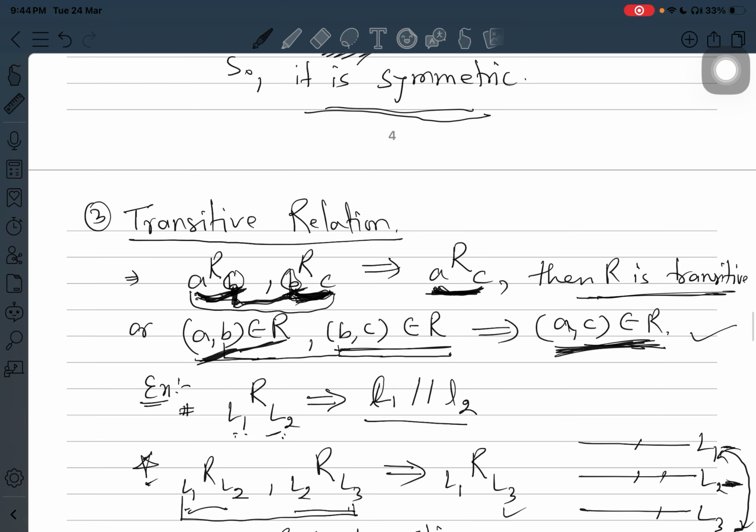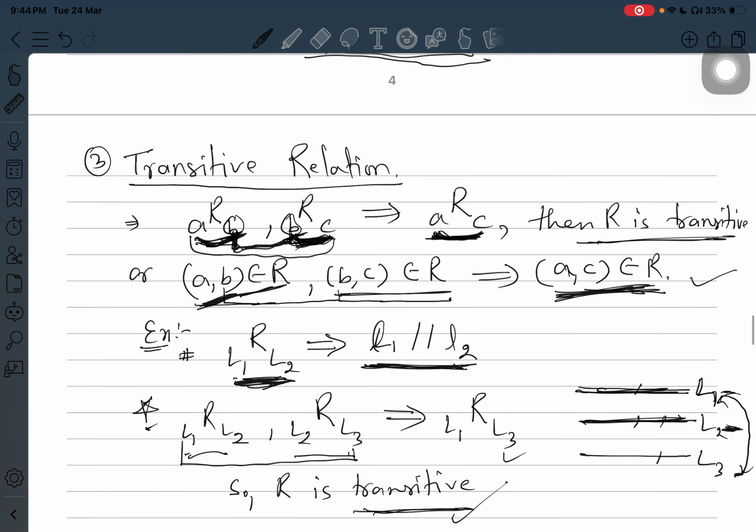For example, L1 related to L2 such that L1 is parallel to L2. Now, if I draw a line L1 that is parallel to the line L2, and then I make a relation L2 related to L3. You can see here L2 related to L3, L1 related to L2.